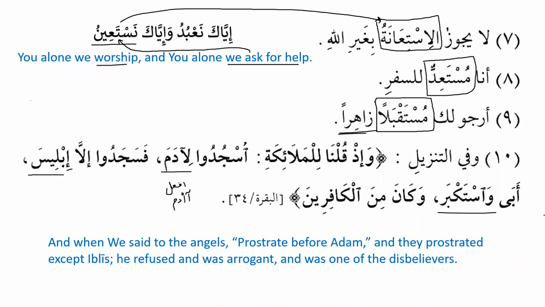Past tense, yeah. Aba is basically refusing the authority. So aba wastakbara, he refused and he was arrogant. Wakana min al-kafirin, and he was one of the disbelievers. Excellent. So our focus over here is on istakbara. Yeah, perfect. And this is the past tense.